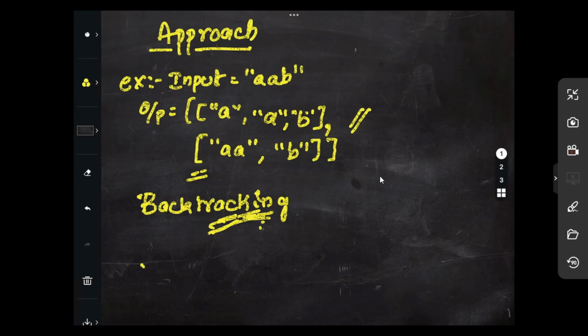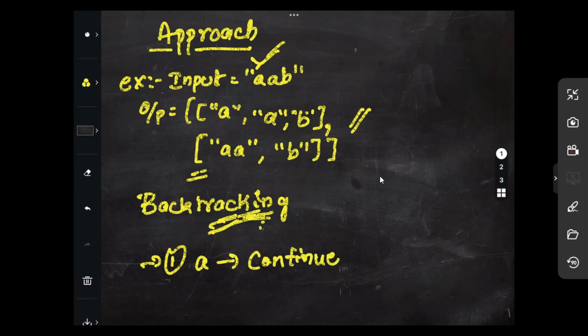First, in the first step, we will start at index 0 and try forming a substring. At index 0, we have a. According to the example, we have a, so we'll just consider a. A is a palindrome, so we will continue.